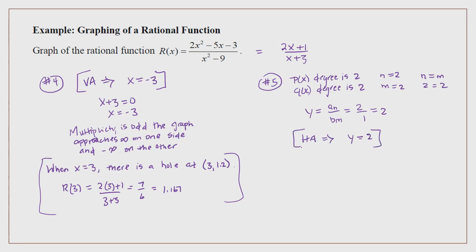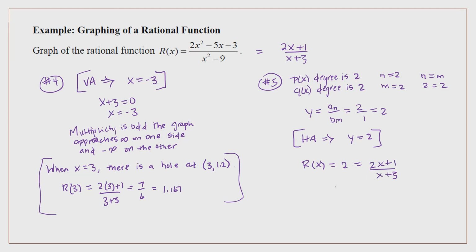So now we need to determine if our graph intersects this asymptote at a point. So we're going to set r of x equal to 2. So we'll have (2x + 1) divided by (x + 3) set equal to 2.